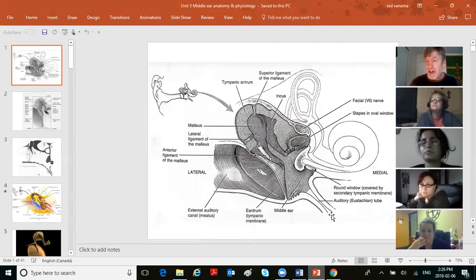Women on crash diets, anorexia, bulimia. Same with cancer treatment. People who are on chemotherapy for cancer and they've lost an awful lot of weight. And what's going to happen in those people, they don't have enough tissue left in the eustachian tube to keep it closed. It's always open.